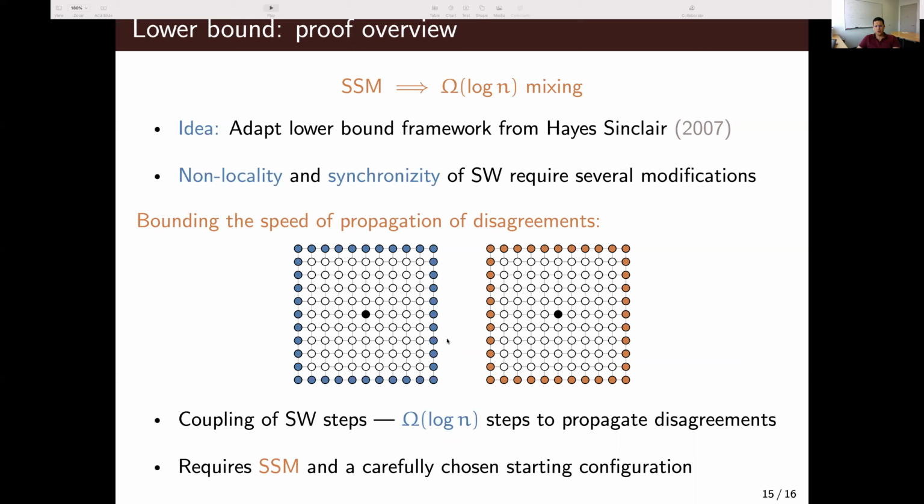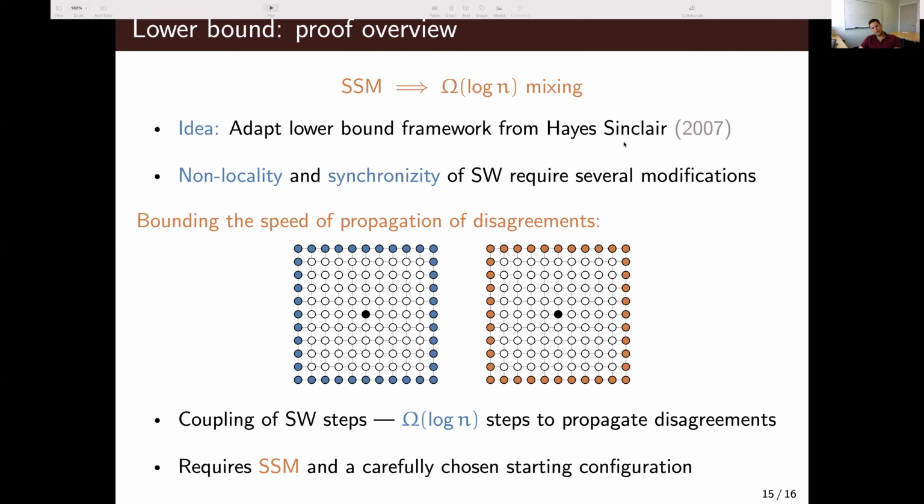So we would like to understand if there are some couplings for the step of the Swendsen-Wang dynamics that can delay as much as possible the time at which these disagreements penetrate the center of the box. Okay, so this is in the Hayes-Sinclair framework. This is needed for the global dynamics.